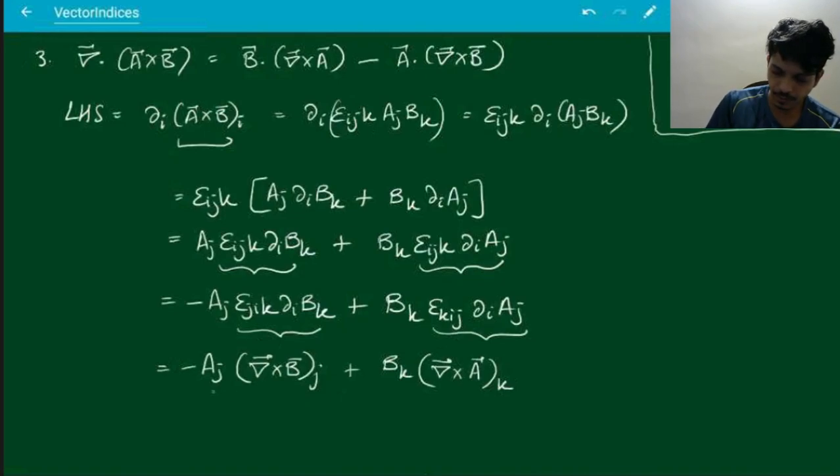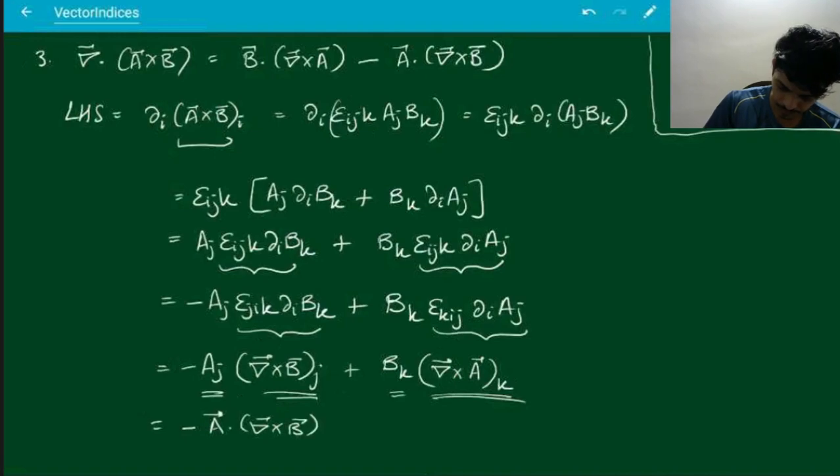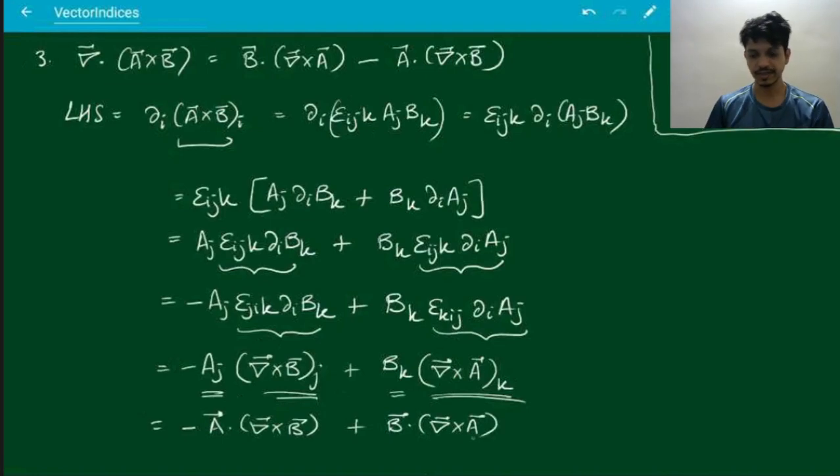And this is just a dot product because a j something j or b k something k, same index. So this is minus a dot curl of b plus b dot curl of a. And that is exactly what the right hand side is.